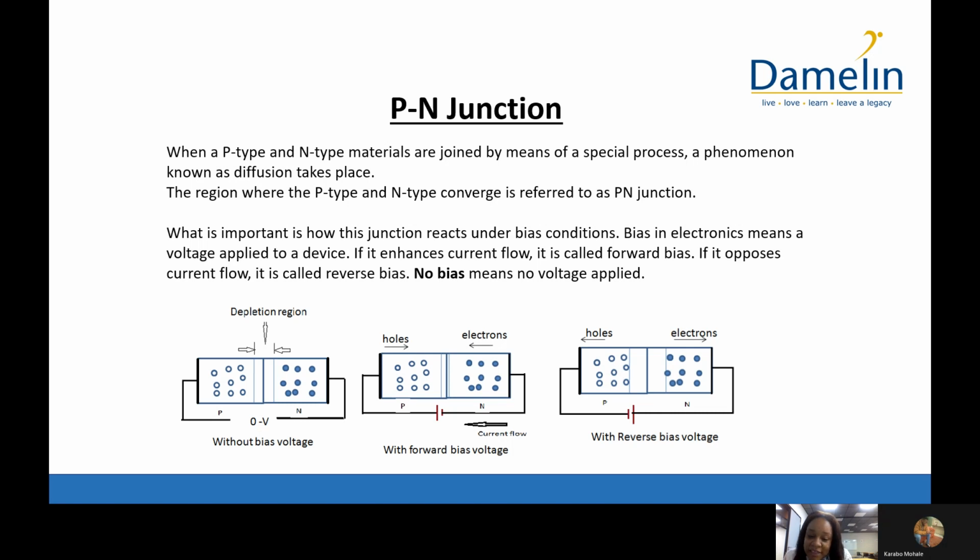Okay, the reverse biasing is the opposite of the forward biasing, in that we connect the positive polarity to the n type, and we connect the negative polarity to the p type.